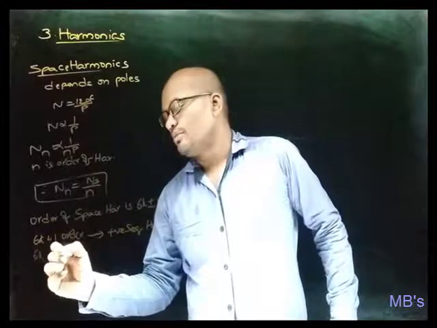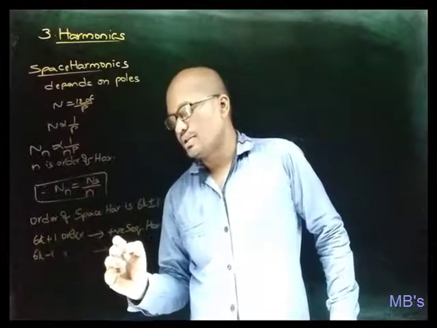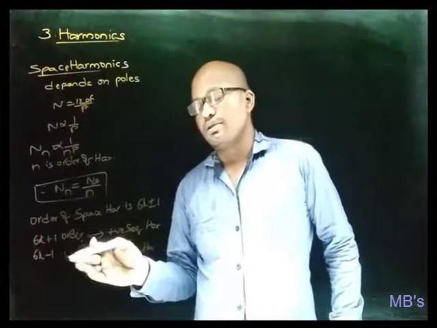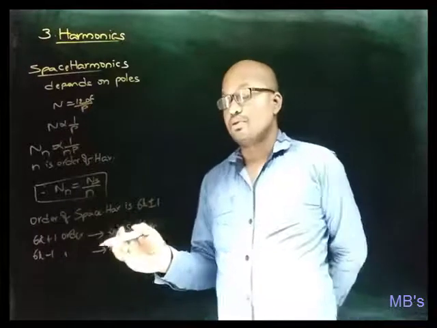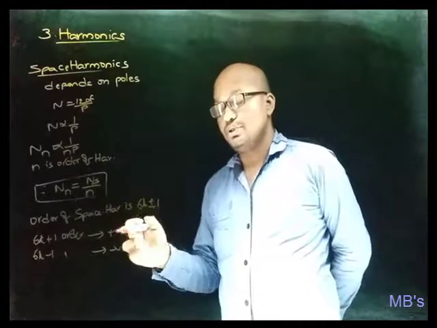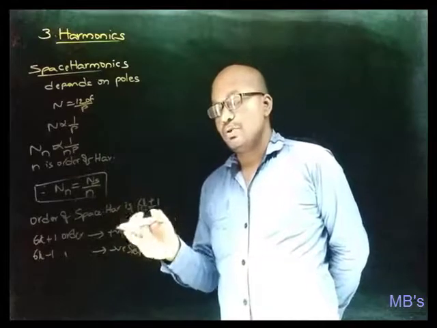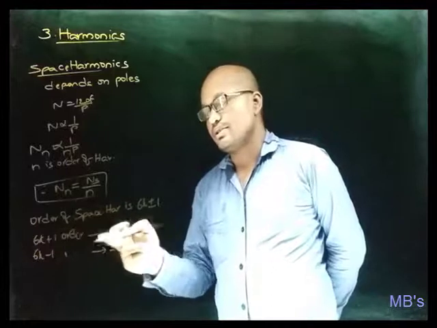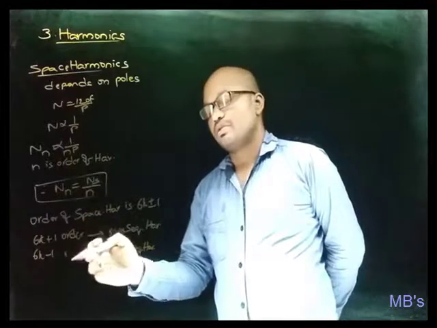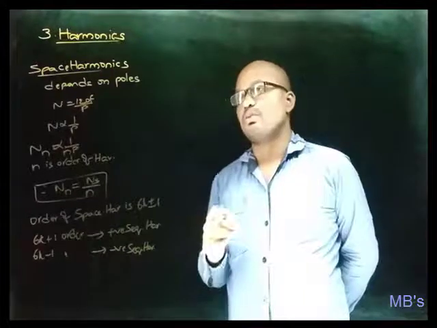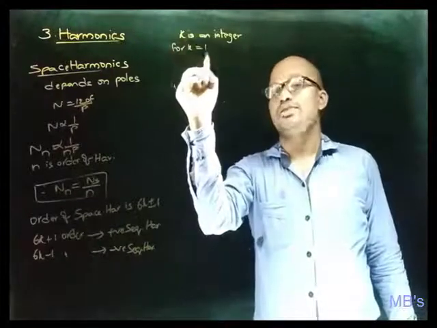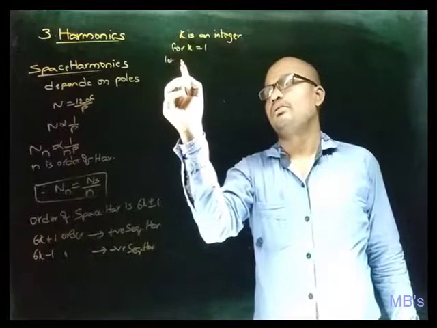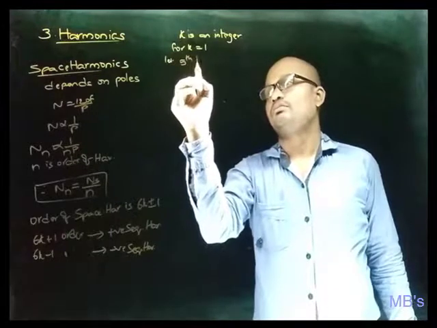And 6k minus 1 order harmonics are called negative sequence harmonics, because the harmonics of 6k minus 1 order will rotate in the opposite direction to the rotating magnetic field. Now let's see how the 6k plus 1 order are called positive sequence and how 6k minus 1 order harmonics are called negative sequence harmonics. For k is equal to 1, let's consider the fifth harmonic.